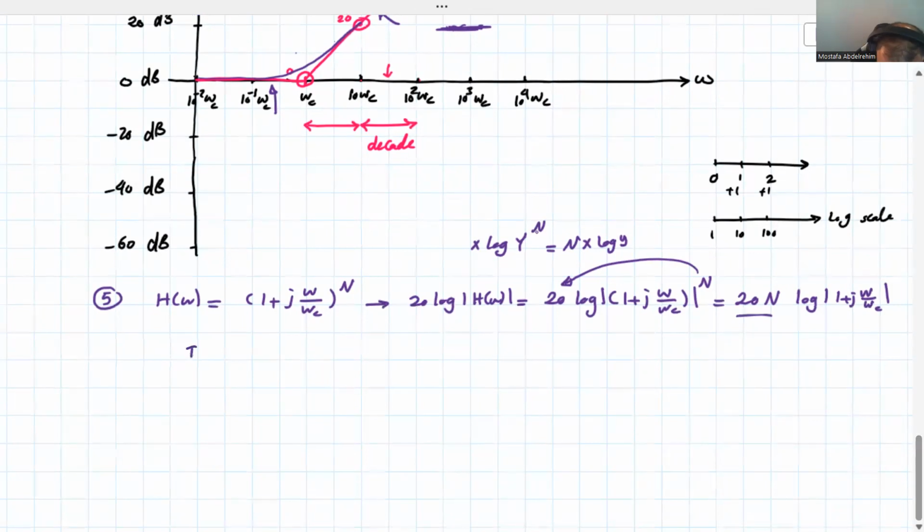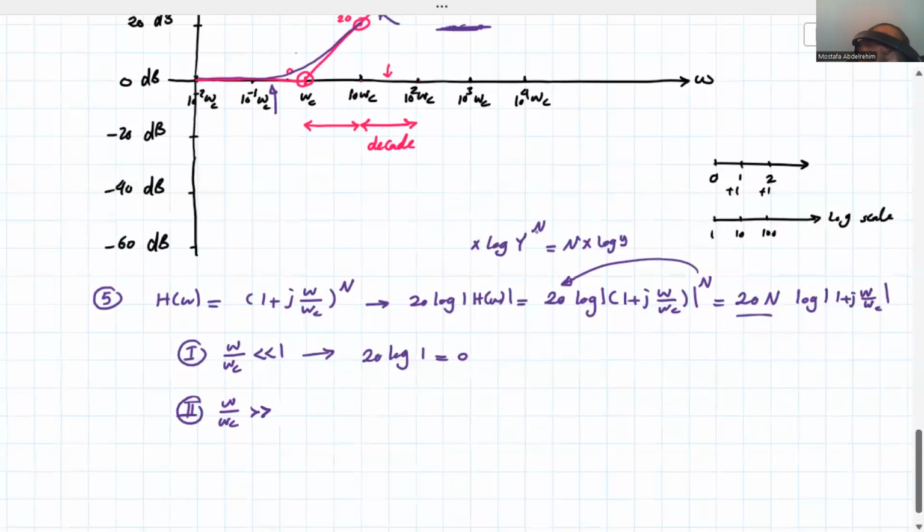Again, we have two cases. Number one, omega divided by omega c is much less than 1, or omega much less than omega c, that's the same. In that case, 20 log 1 is 0, again 0. So before omega c, everything is 0. Number two, omega divided by omega c is much bigger than 1 this time. So that will be 20n log omega divided by omega c.